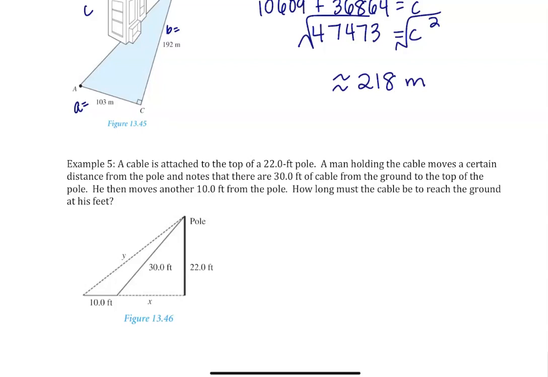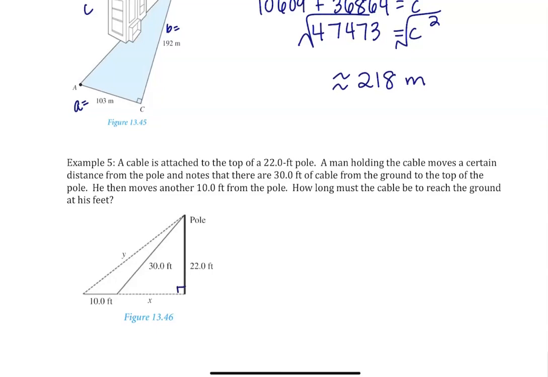We're always looking for where we can form a right triangle. So if we form this right triangle with the triangle all the way to the right, where we have a side 22, a side that we don't know, but we do know the hypotenuse of 30, we can use Pythagorean theorem to find that missing side. I should have written an equal sign there. So we have 22 squared plus x squared equals 30 squared.